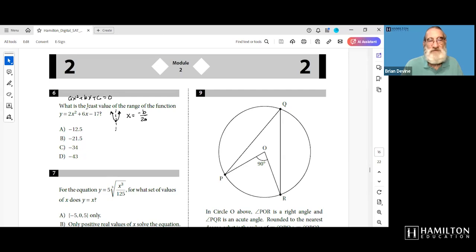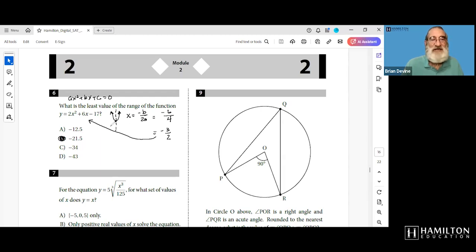But we can recognize that, and so this should be negative 6 over 4. Or better yet, easier to work with, negative 3 halves. And so I'm going to stick that back into the function to find out the minimum. But I've already looked at the graph and seen that it's going to be negative 21.5.